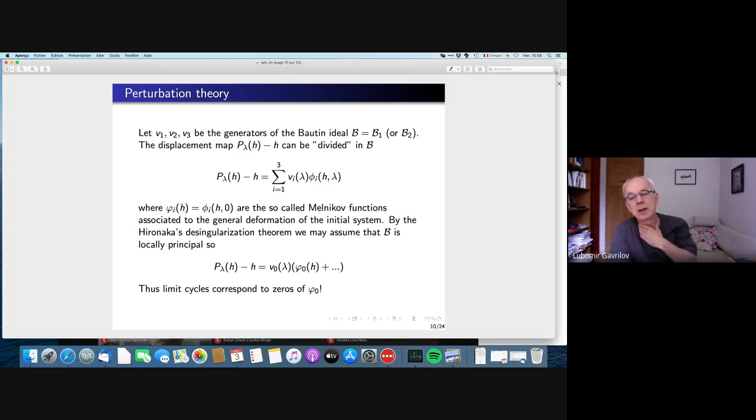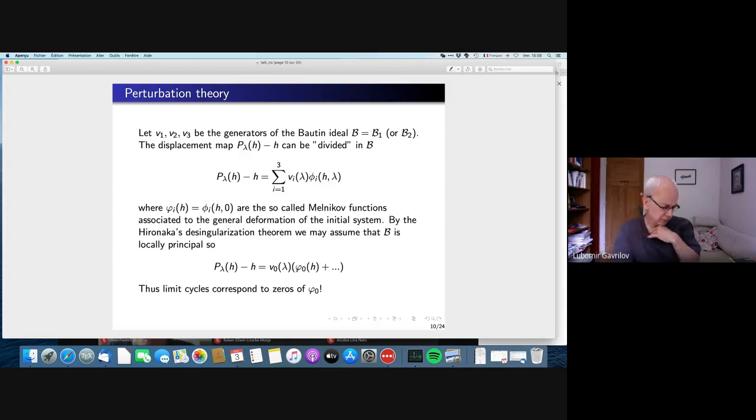It means it is some ideal sheaf, in fact, on the exceptional divisor of the blow-up. And if you localize, that is, in a neighborhood of any point, this ideal sheaf is principal. It has only one generator. So ideologically, the situation is very similar to the situation when you have only one generator.